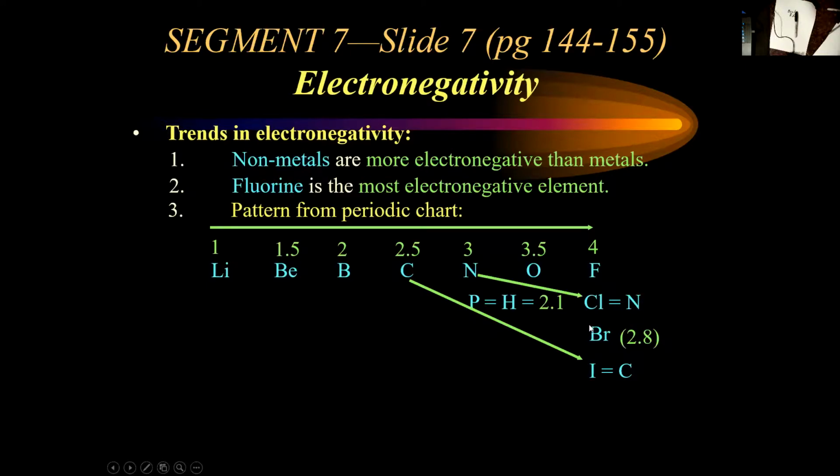So with this pattern now, I can generate most of the values. Say I didn't memorize oxygen, sulfur would be the next row, and phosphorus is here. So sulfur would be right under oxygen, so it would be after phosphorus. So it's going to be more electronegative, more than 2.1.